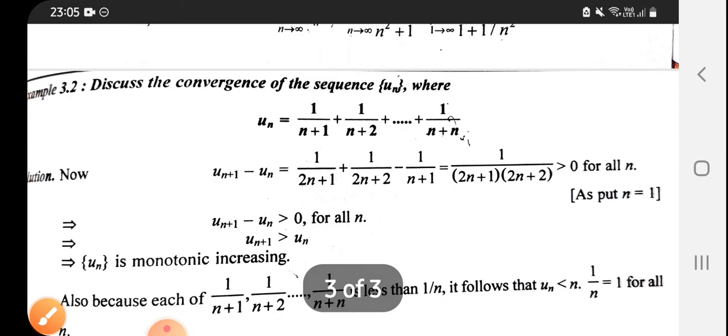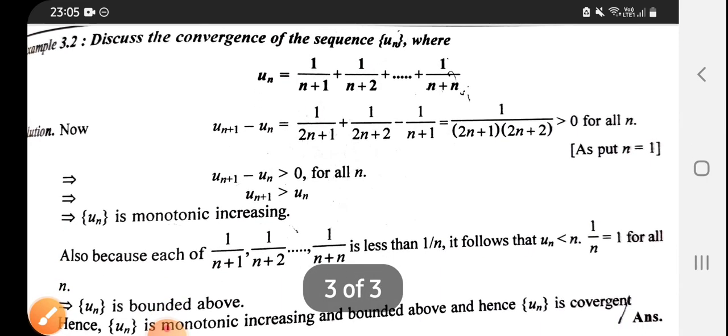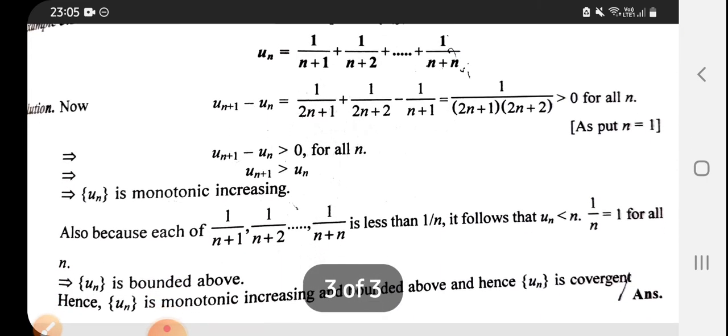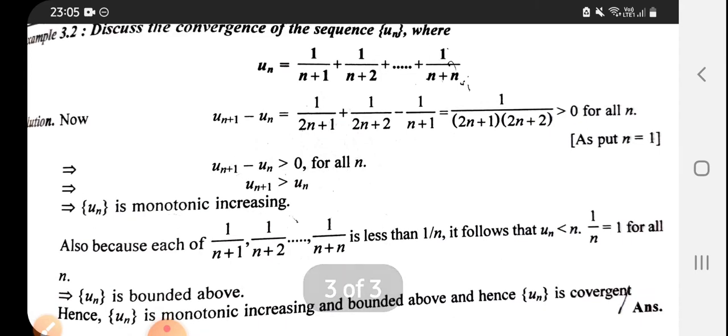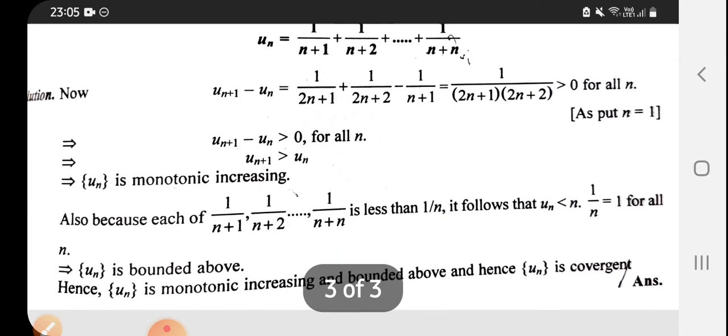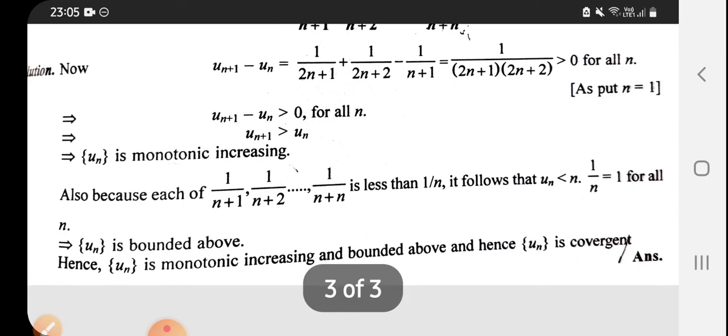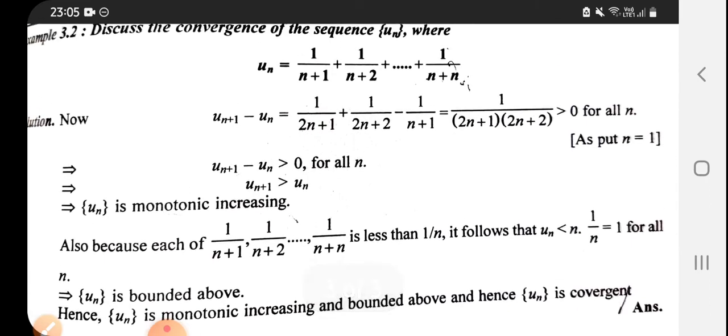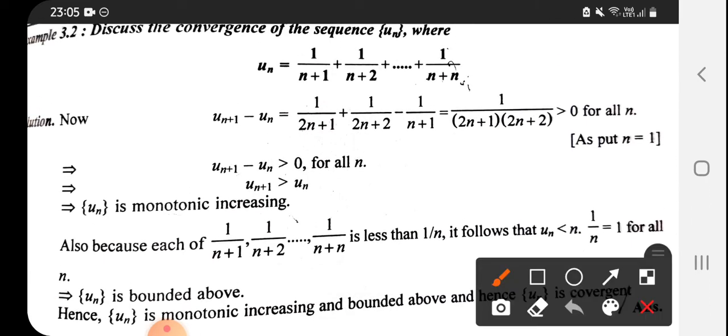Now we discuss the convergence of this sequence. At first we check un plus 1 minus un. We get a positive number. That's why this sequence is monotonically increasing.